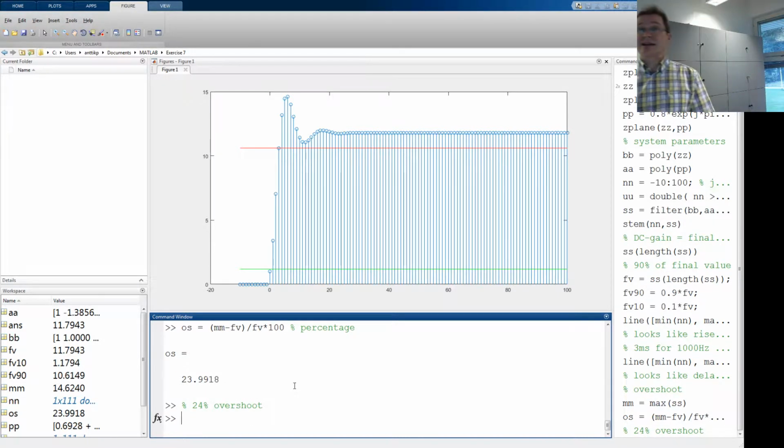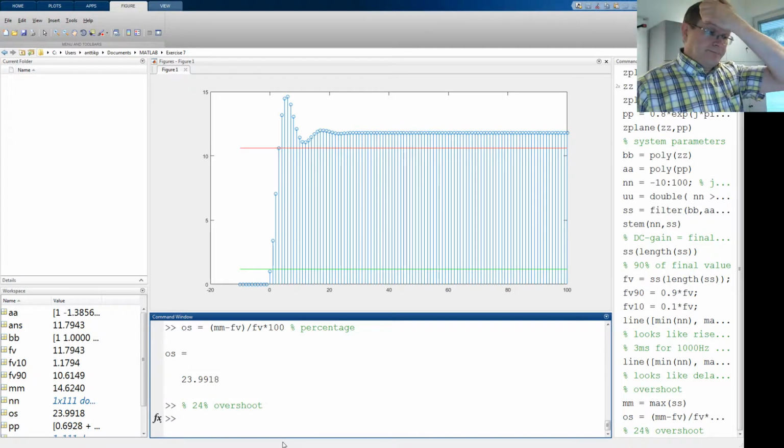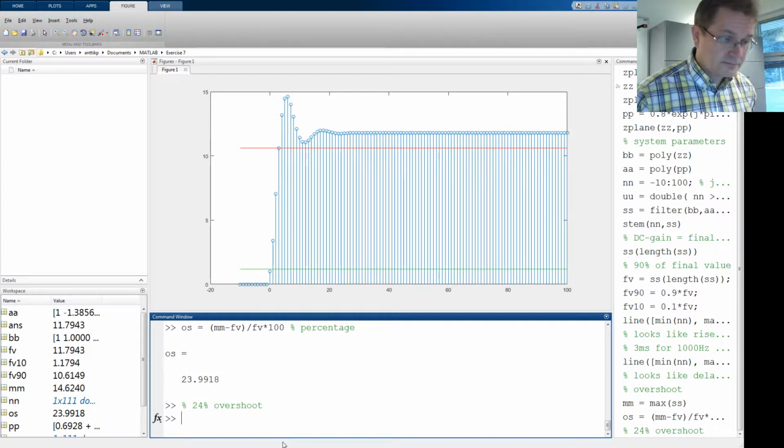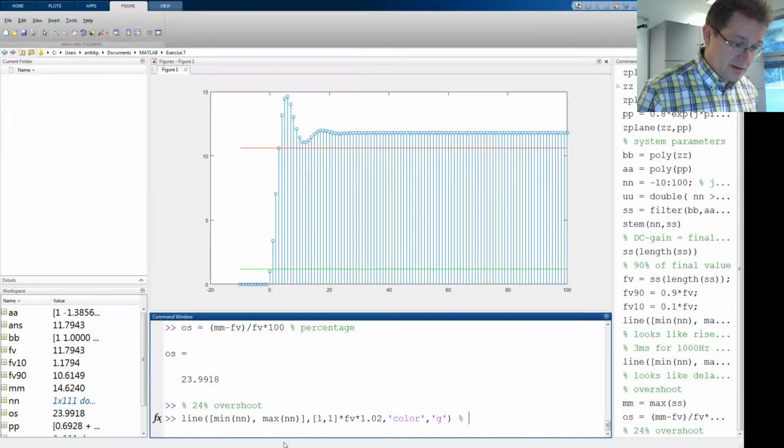Okay, and then the settling time. For that one, we need to take a look at plus minus 2% in this exercise. All right, so let's calculate. Well, I'll just add more lines here, times FV times 1.02. That's the 2% plus line.